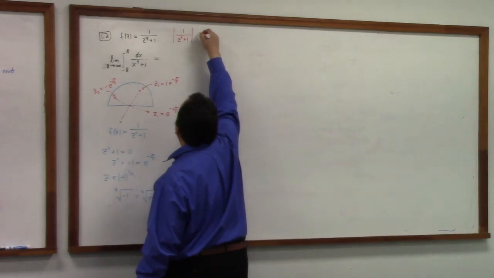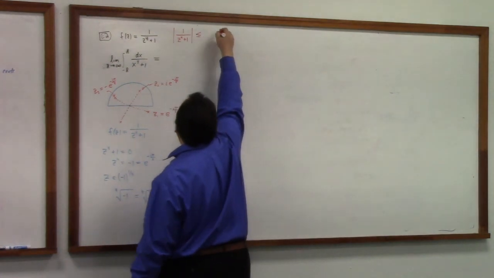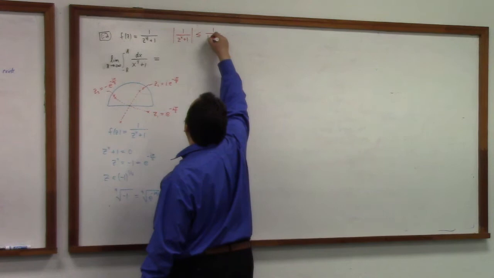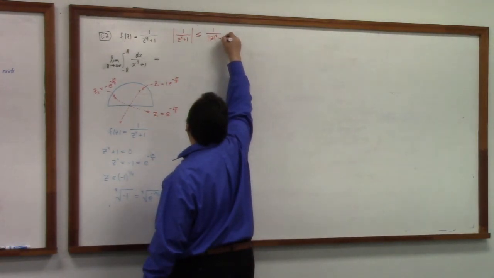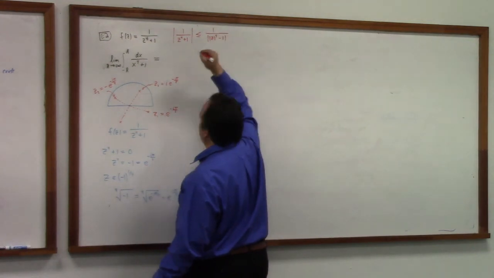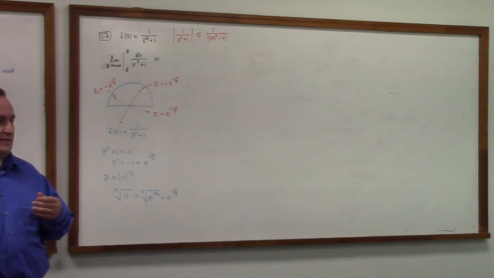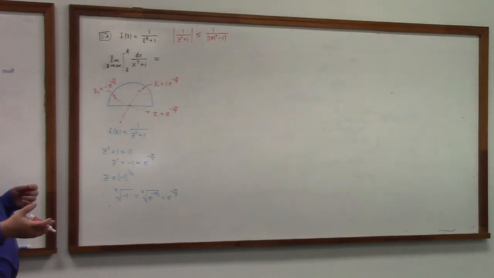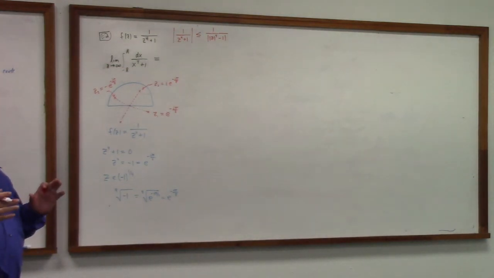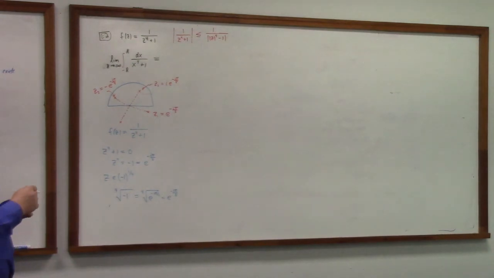This is less than or equal to what? 1 over the absolute value, the modulus, of z to the fourth minus 1, right? So what I did there was I let the modulus of the denominator become something smaller, right? Do you remember this inequality we have?